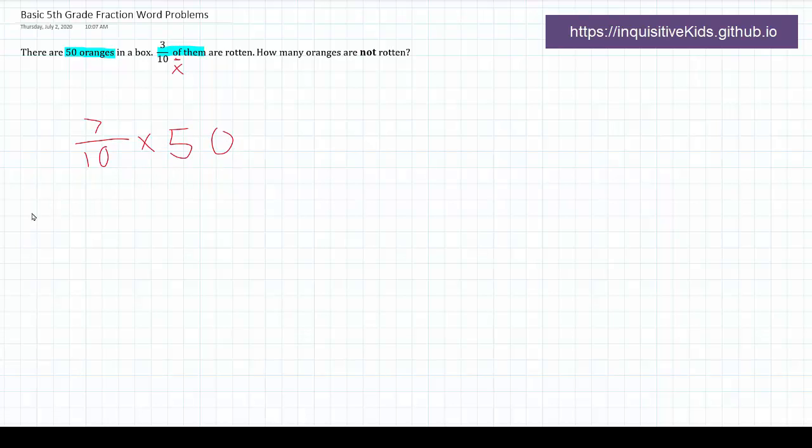7/10 times 50 is equal to 7/10 times 50 over 1. Then we multiply the numerators with the numerators, and we multiply the denominators with the denominators. 7/10 times 50 over 1 is equal to 350 over 10.